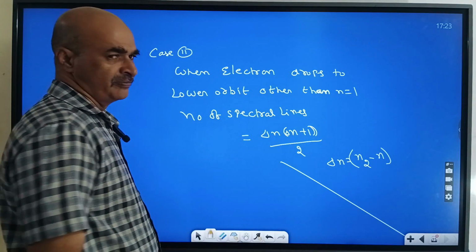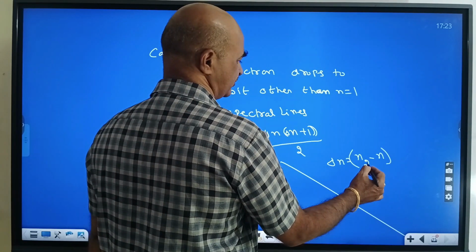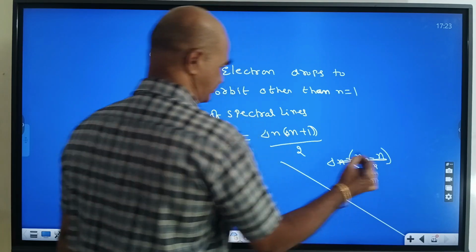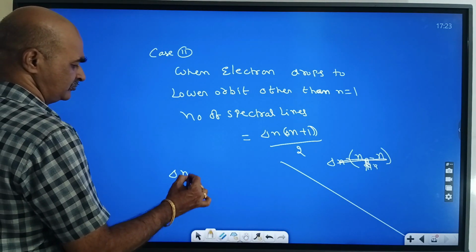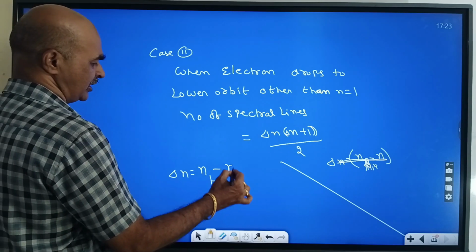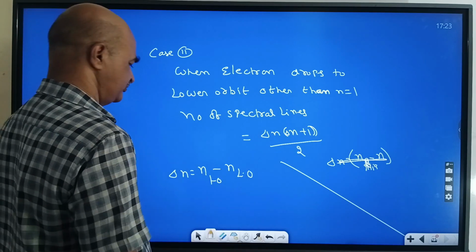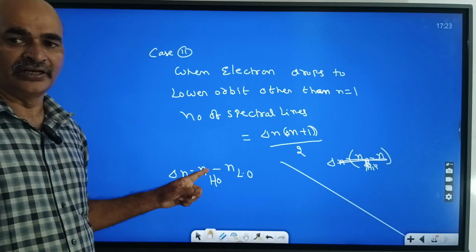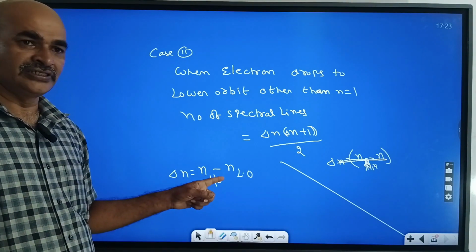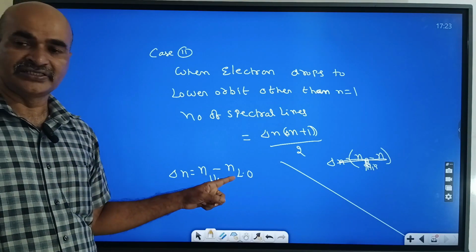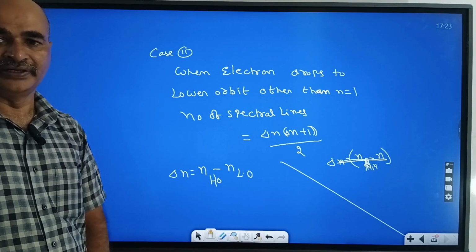N2 is the higher orbit. Delta n is equal to n higher orbit minus n lower orbit.